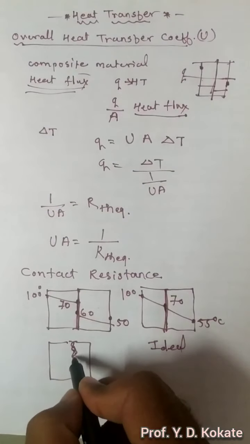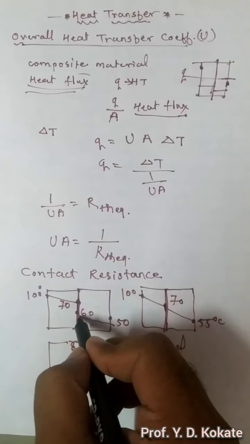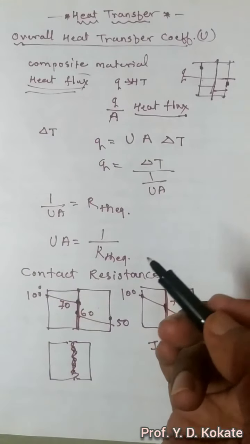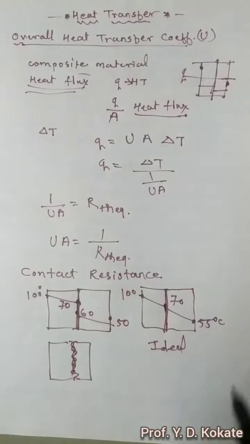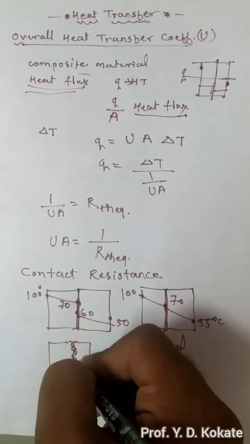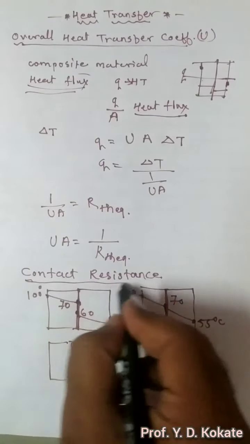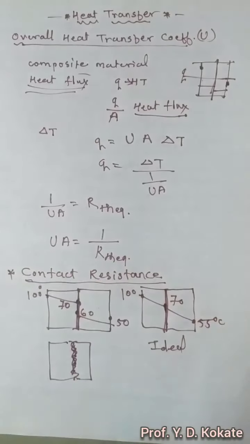So this air offers some resistance, and due to that resistance, a 10 degree, 5 degree, 3 degree, whatever the temperature, will be lost. This loss in temperature is due to the void spaces, due to the resistance of the air trapped inside the void spaces. That resistance is known as contact resistance.